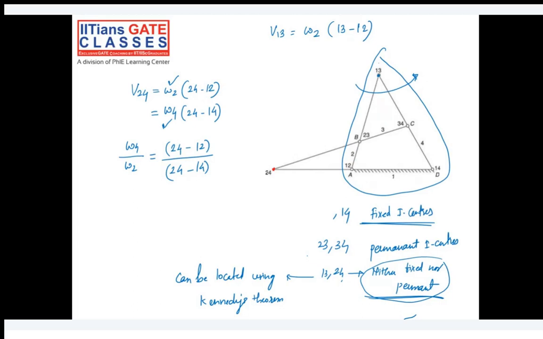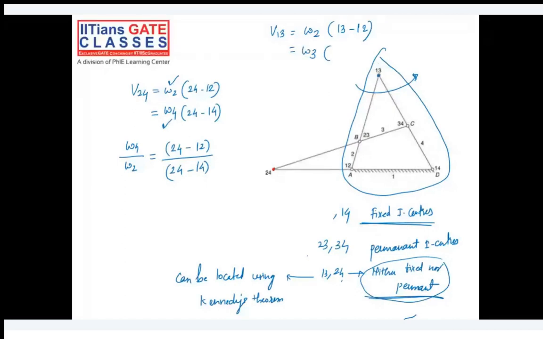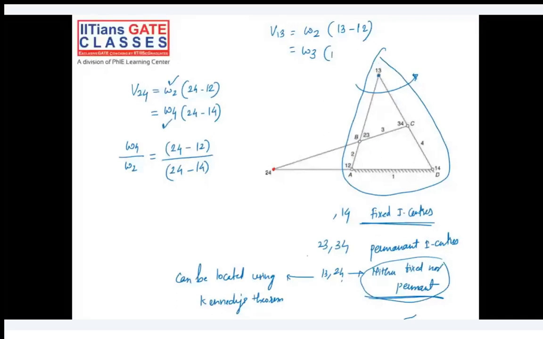And with respect to omega 3, it should be 1 3 to 2 3 only. And if you want with respect to omega 4, then it will be 1 3 to 3 4, we can say. I hope it's clear now.